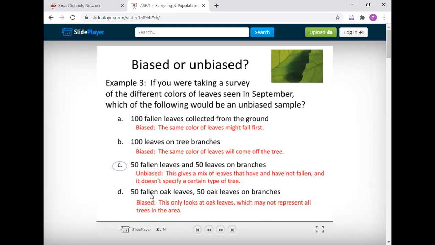Choice D, 50 fallen oak leaves, 50 oak leaves on branches. This is biased. Why? Because this only looks at oak leaves, which may not represent all trees in the area. So which one will be the unbiased sample? C will be the unbiased sample, and it will be the correct answer.